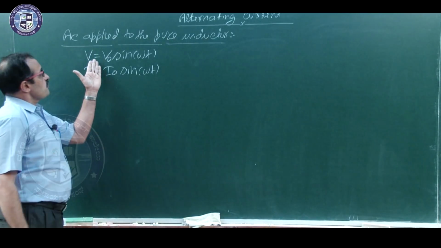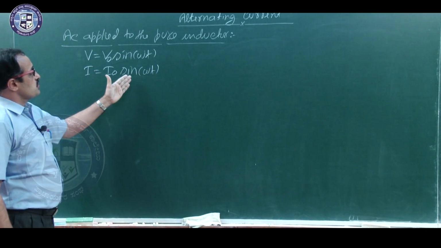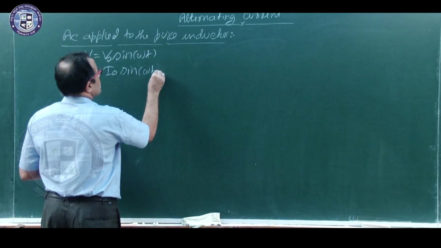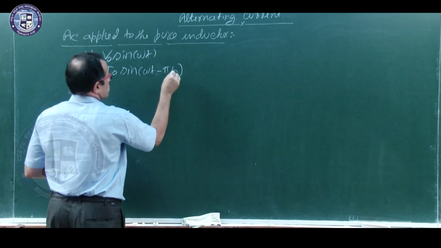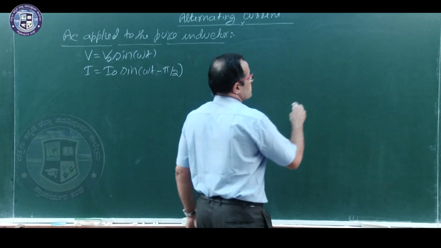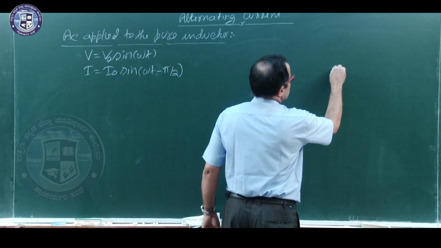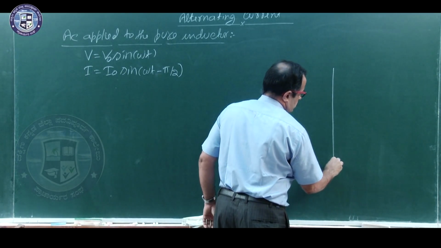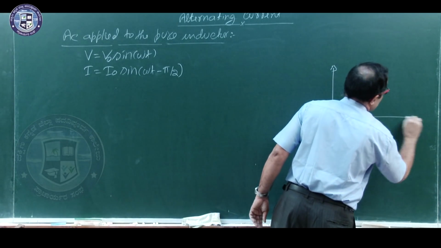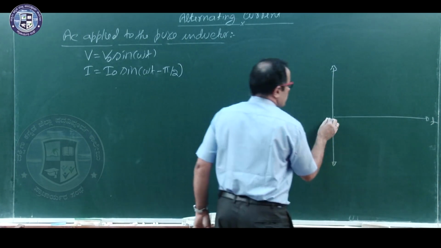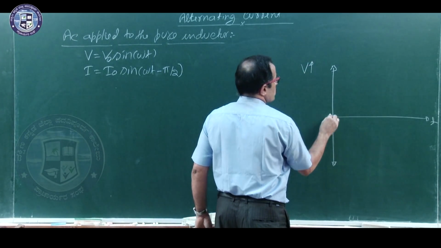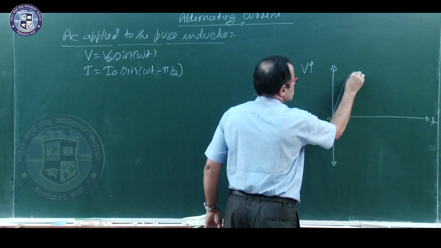Now, this is the equation for voltage, it is the equation for current, omega t minus pi by 2. Now, how to plot the graph? So, first of all, we plot the graph of voltage, because it is the standard one.